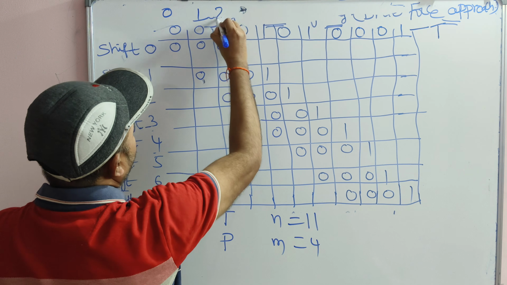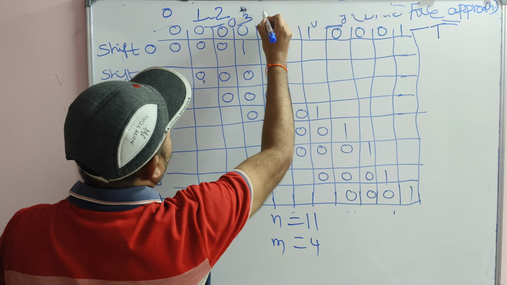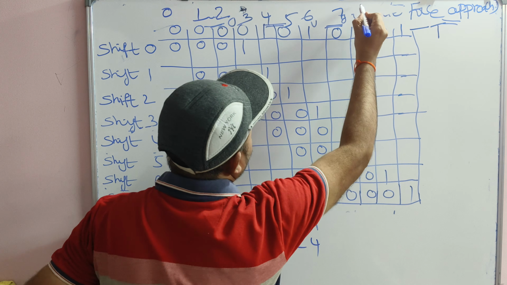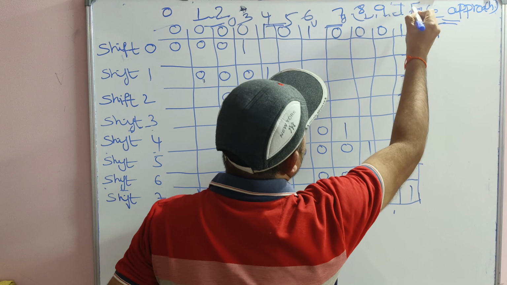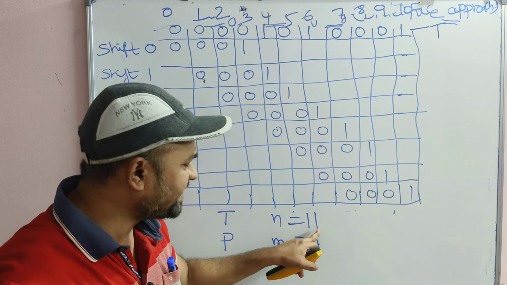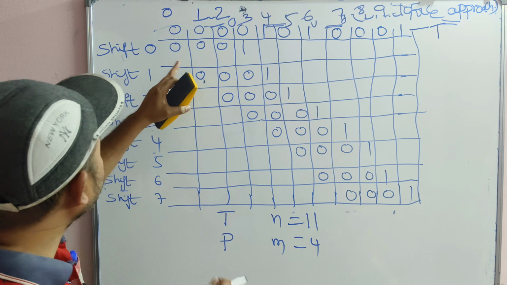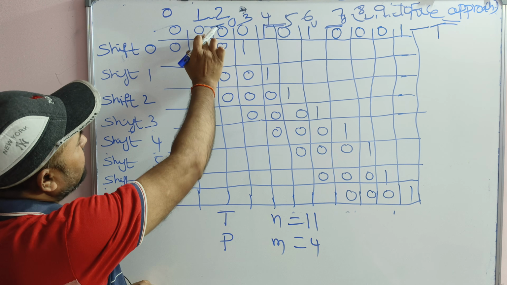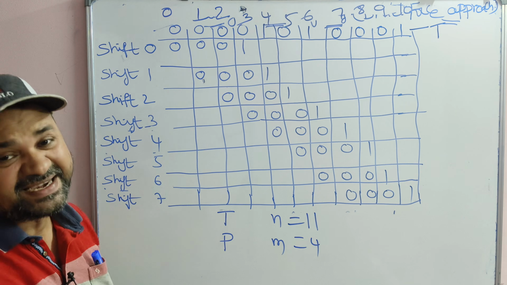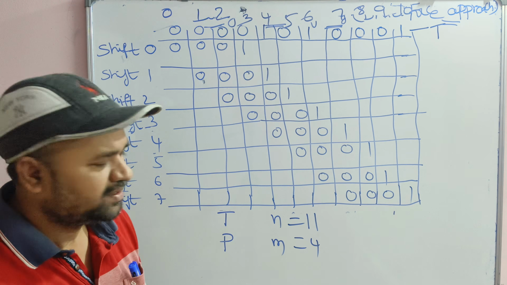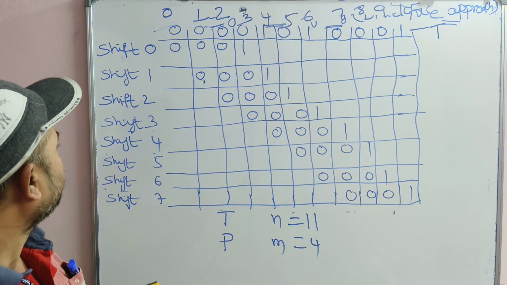So 0, 1, 2, 3, 4, 5, 6, 7, 8, 9, 10. The length of the text is 11, so we have indexes from 0 to 10. So 0001 occurs in the text at the first index as well as the 7th index. So this is our target.